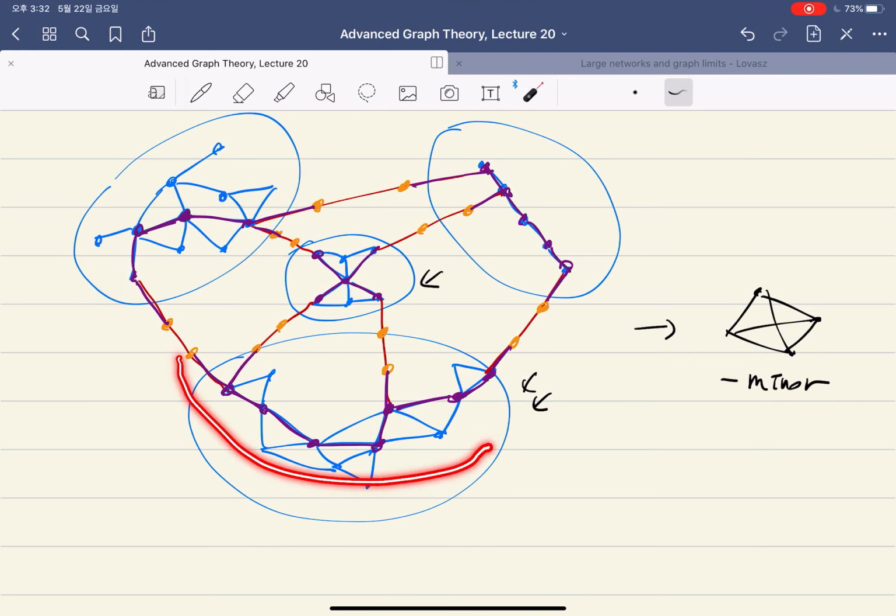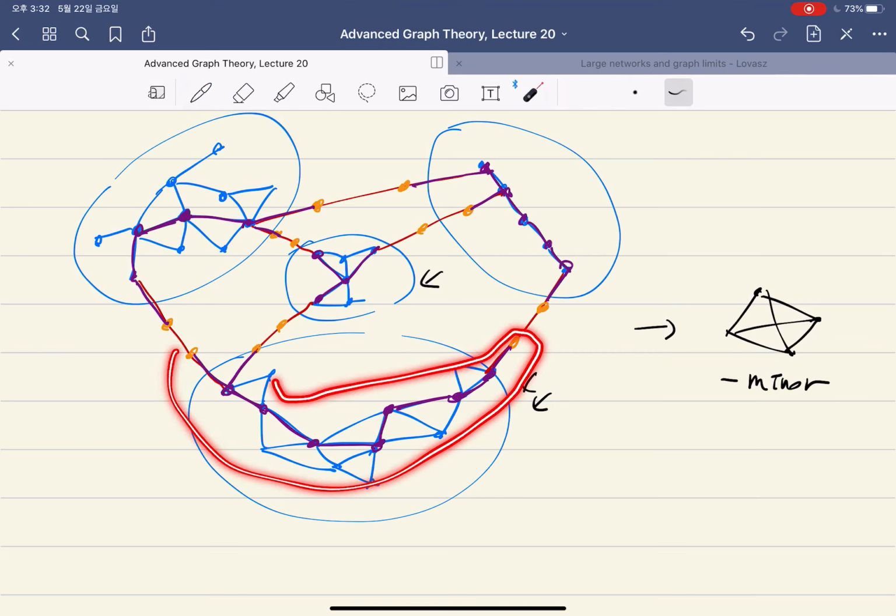Sorry, this is actually not necessary because this is already connected. So here again we have this purple part is a tree with exactly 3 leaves.